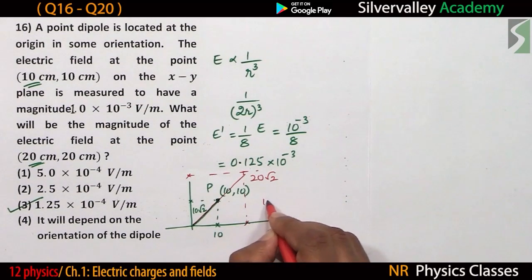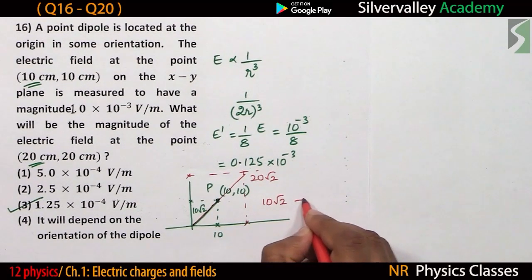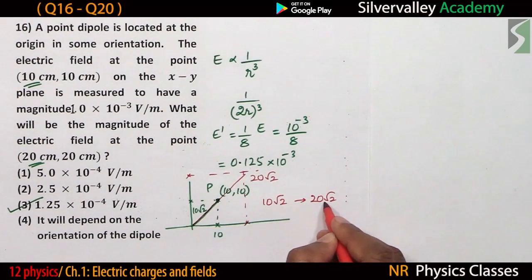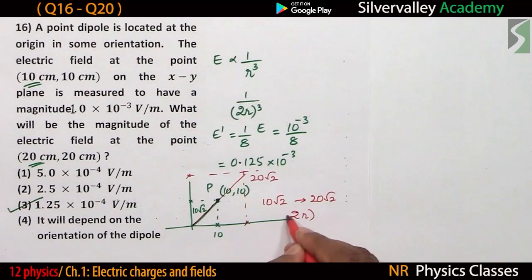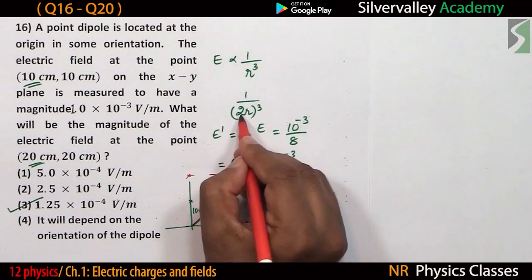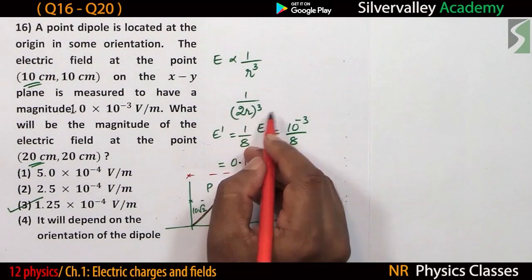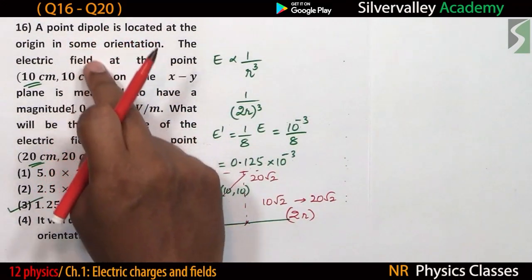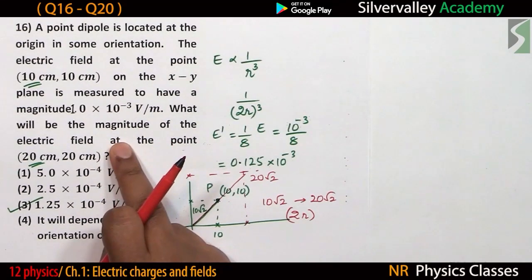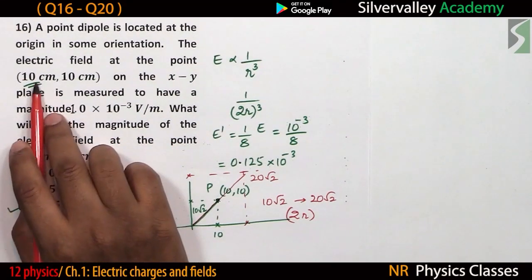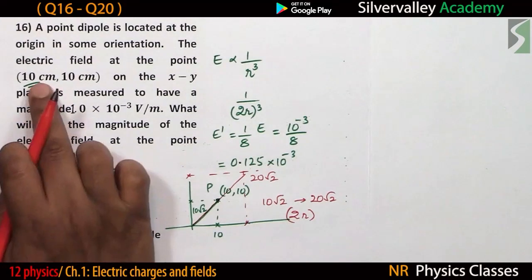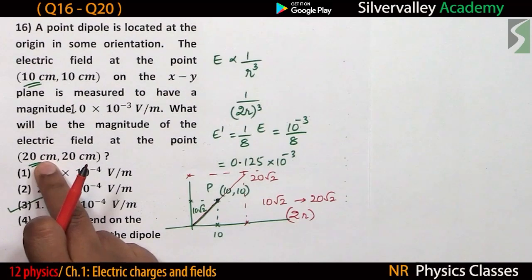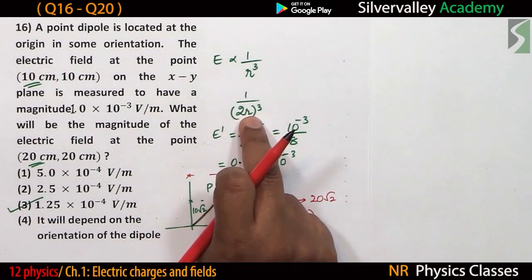See, earlier distance 10 root 2. New distance is 20 root 2. 10 root 2 to 20 root 2 means 2 times the radius, 2 times the distance. That is why it is 2r. Students, understand? The problem appears to be big and level 2 problem. But actually, you have to take care of the distances. Since it is 10 and 10, 20 and 20, just distance is doubled. So, 1 by 8.